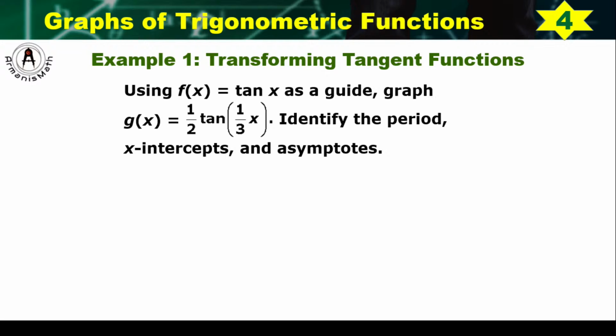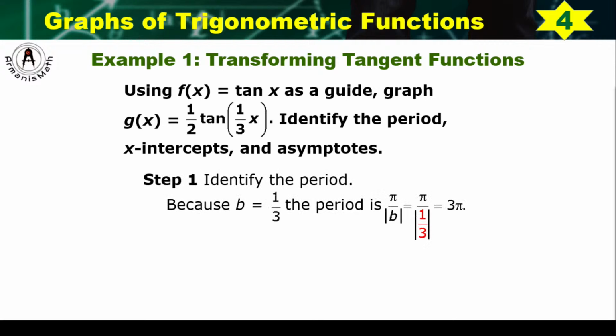Well, step number 1 is to identify the period. Does anybody remember the formula for the period for this one? It's pi over b, remember, not 2 pi. So we have to identify the b first, and then say pi divided by that b, which in our case is 1/3.